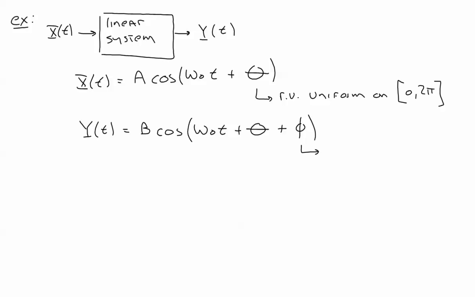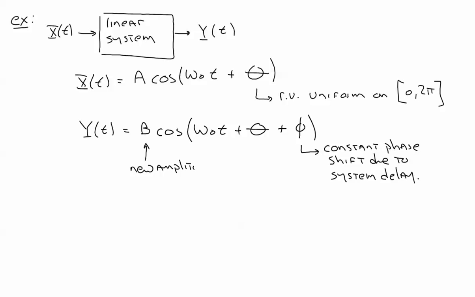So this will be a constant phase shift due to the system delay. Okay? And the amplitude changed. All right, that's what a linear system can do to a single frequency tone.